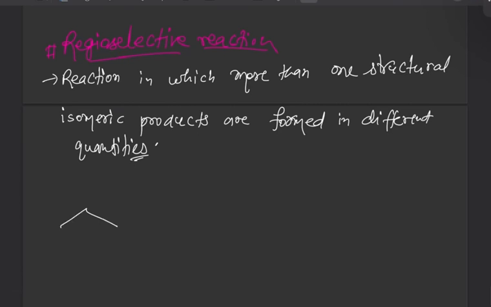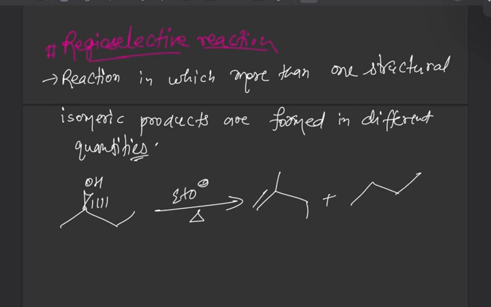Clear? Suppose there is an example. Suppose there is this compound with OH, and I am adding EtO minus and heat. So there is a possibility of elimination. This elimination can be done from here, and even from this point.